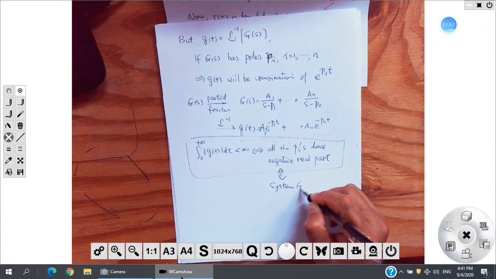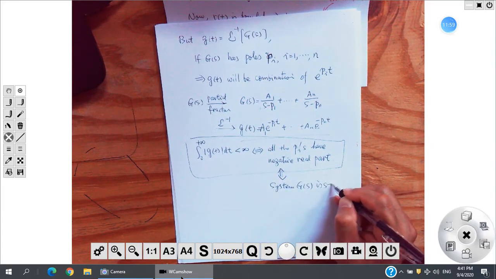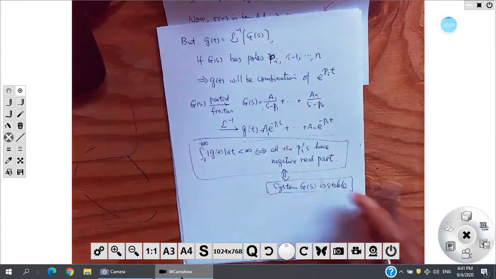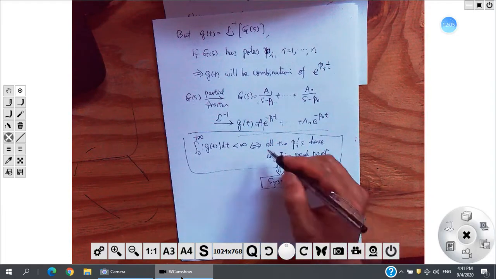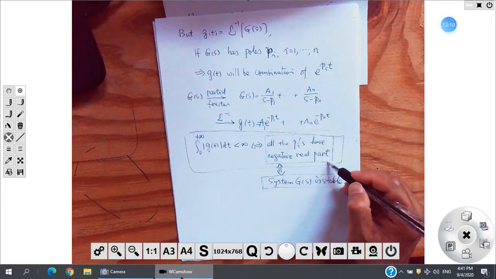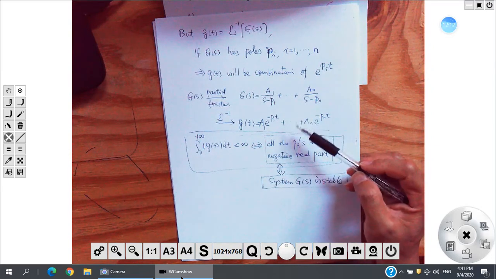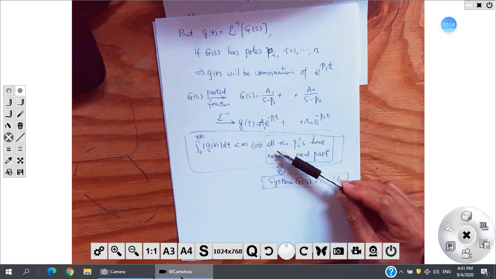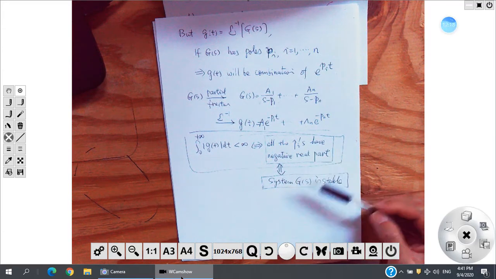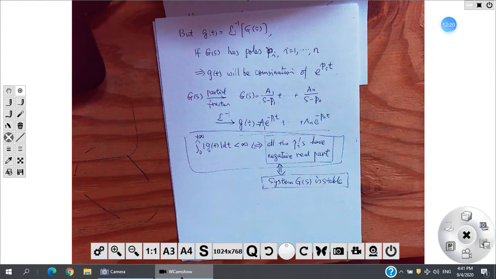G of s is stable. So finally, to check whether a system is stable or not, we just use this. You check all the poles of the system. If all the poles have negative real part, then the system is stable. The system is stable. Alright.